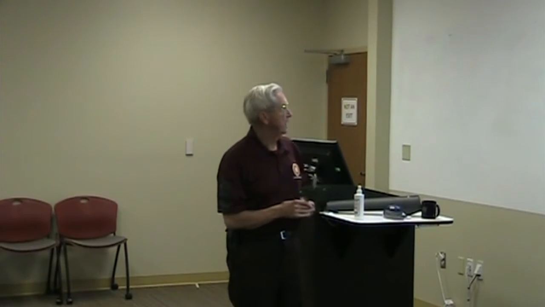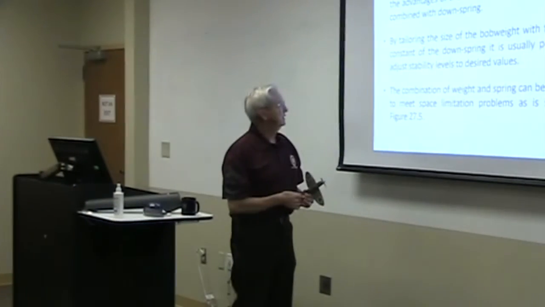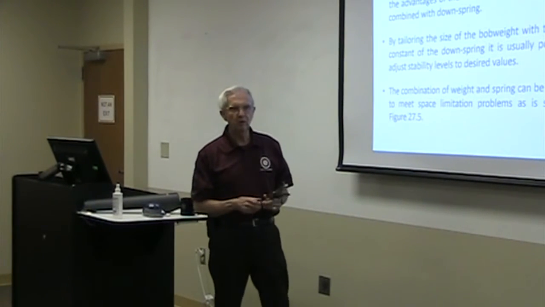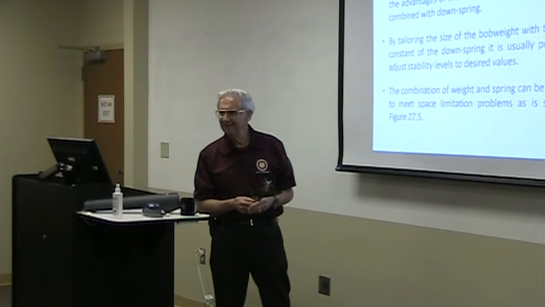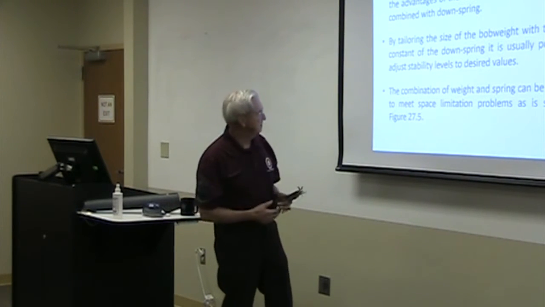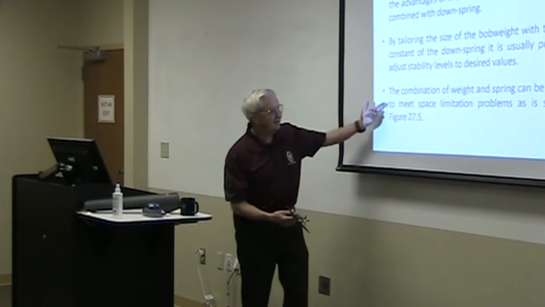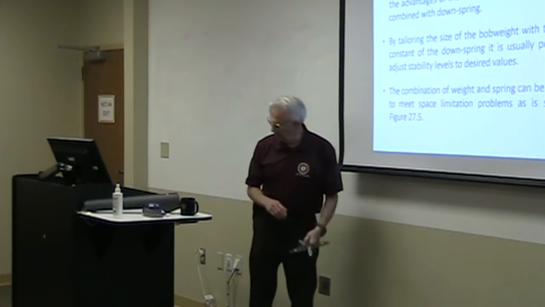Okay? And so we can tailor the size of the bob weight and the spring constant, and get stability levels to what we want without adding too much weight, okay? And it can be designed to meet space limitations.